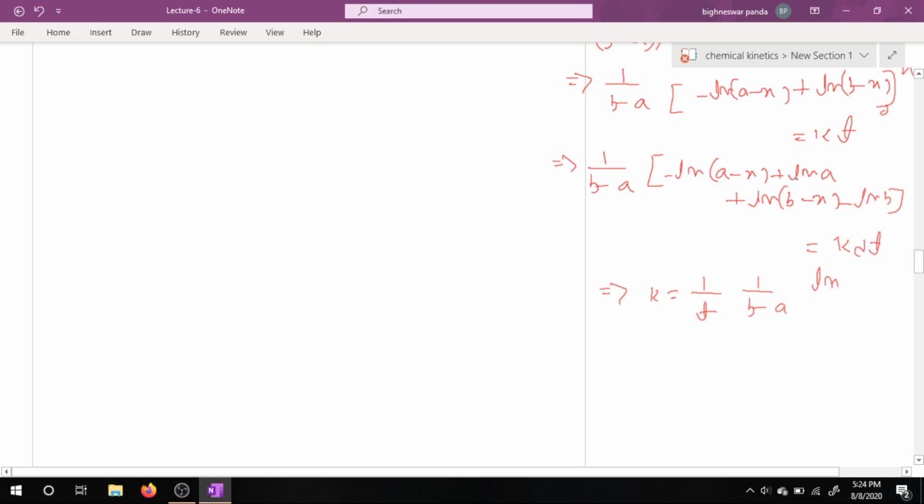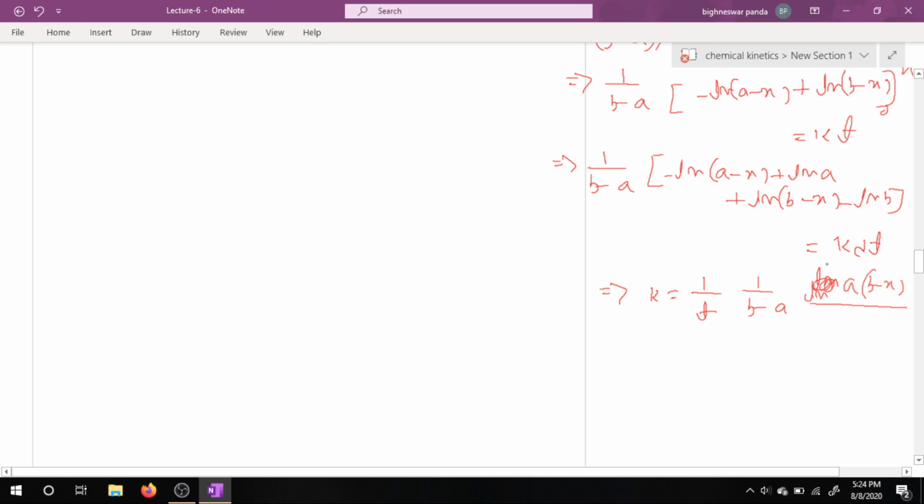I am separating the variables, such as positive positive on the same side and negative negative. Ln a plus ln b minus x, so I can write here ln a into b minus x divided by b into a minus x.